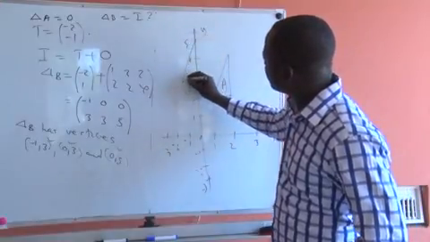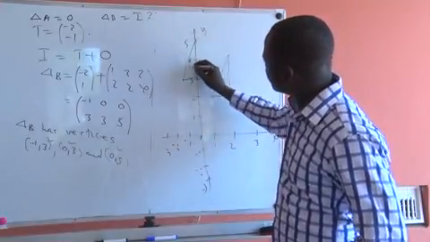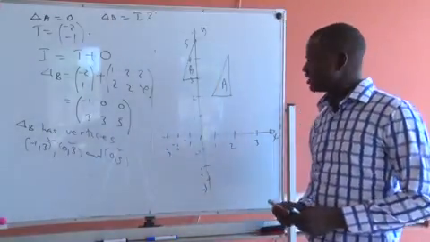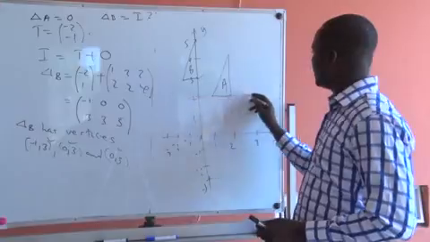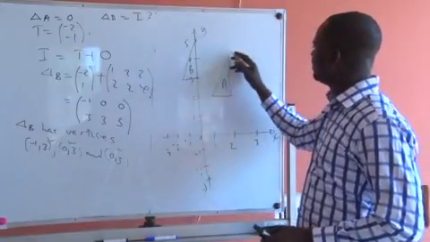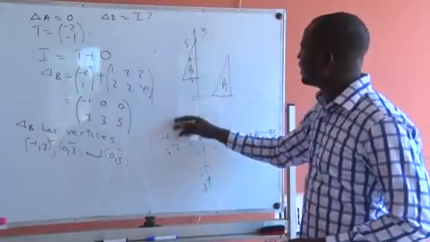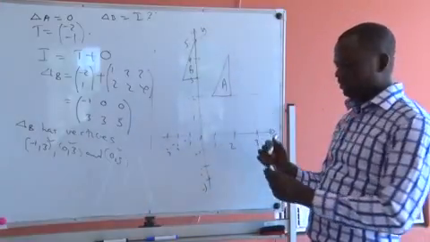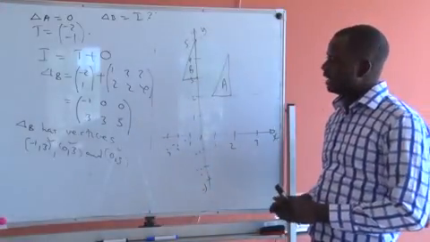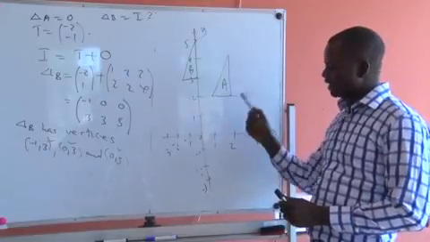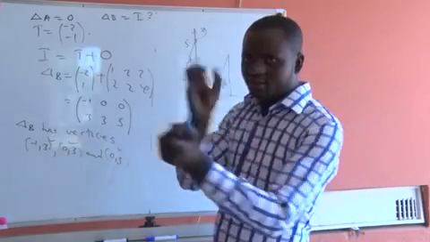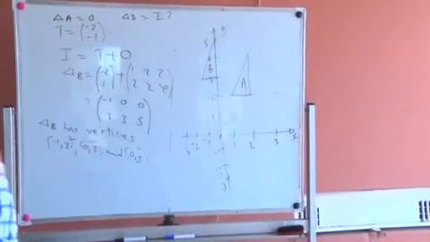So if you join this, that is triangle B. So if you check indeed, this is a pure translation, because this line corresponds to that line, they are parallel. This line corresponds to that line, they are parallel. This line corresponds to that line, they are parallel. So you have plotted on the graph and you score the marks. So last one more example, then we are done. If you got anything, the next example.